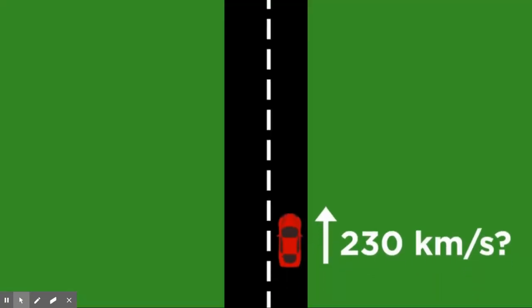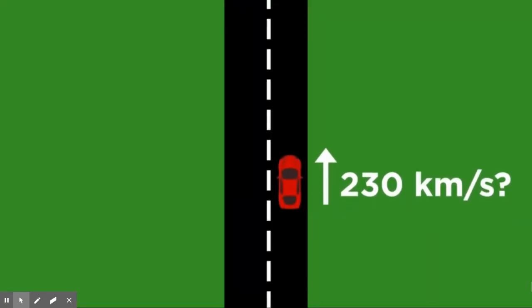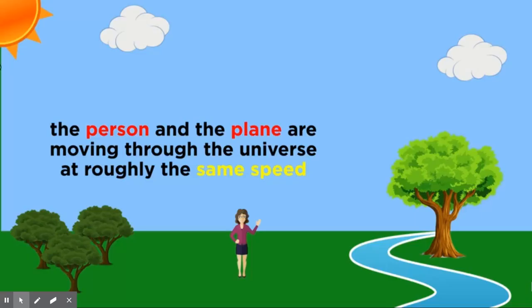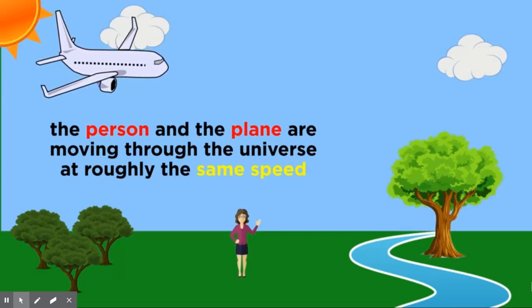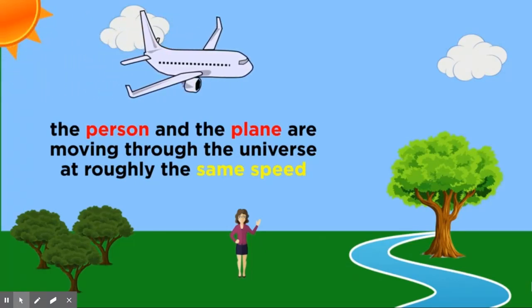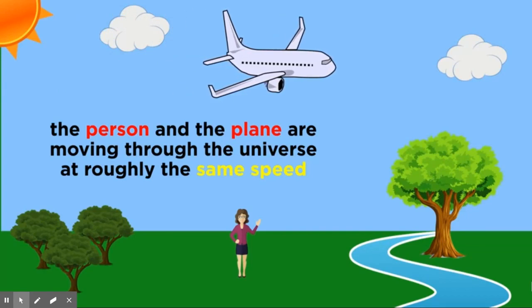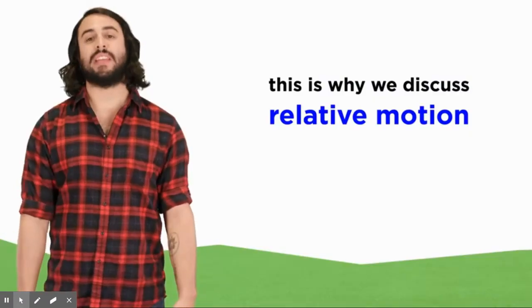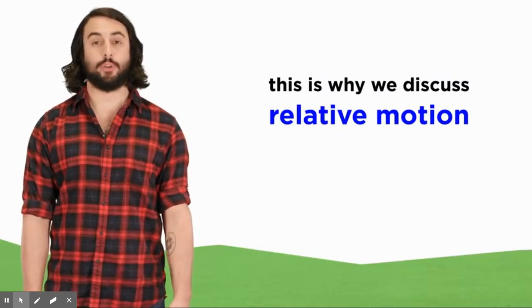So it's not completely wrong to say that the car is actually moving with this incredible speed as well, meaning that in a certain context, there's practically no difference between flying in a plane and sitting still in terms of absolute velocity. But that's why we tend to discuss relative motion.